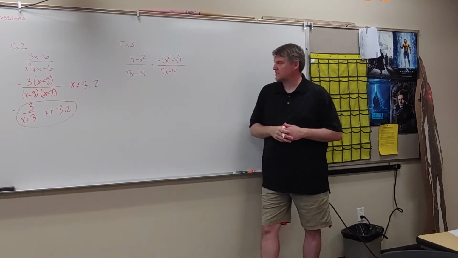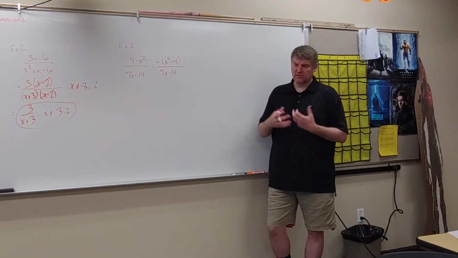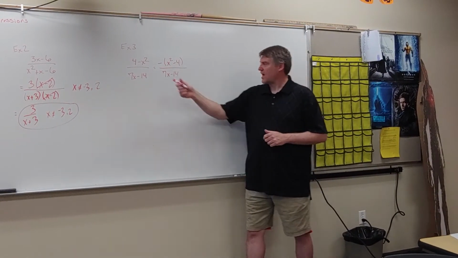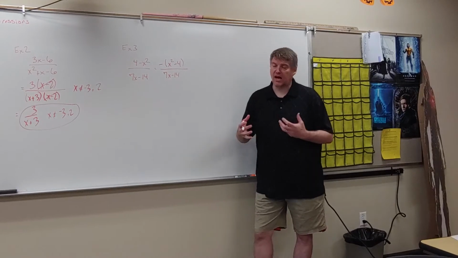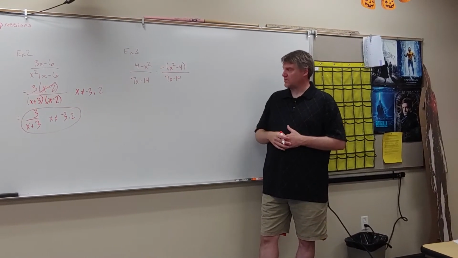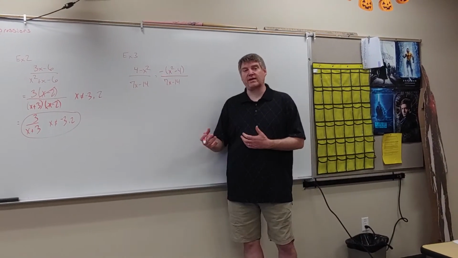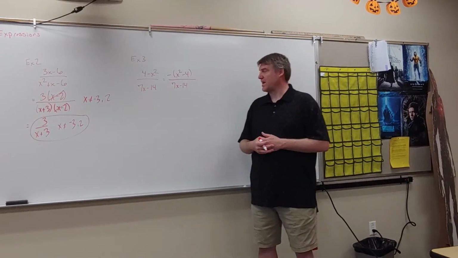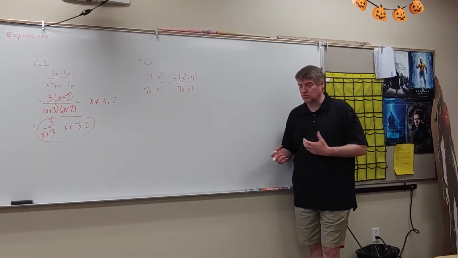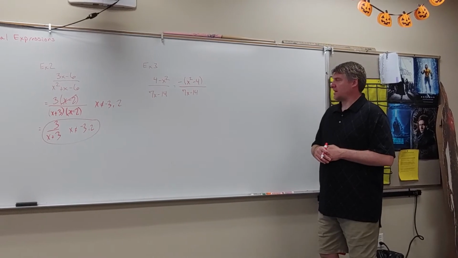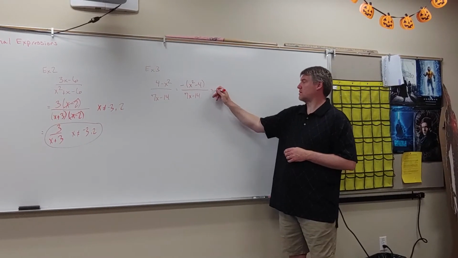And so what that does is that allows me to still use those same pieces. Yes, I could factor this on top. It's not a problem. I could understand that 2 minus x is the negation of x minus 2. Now I'm going to factor this.